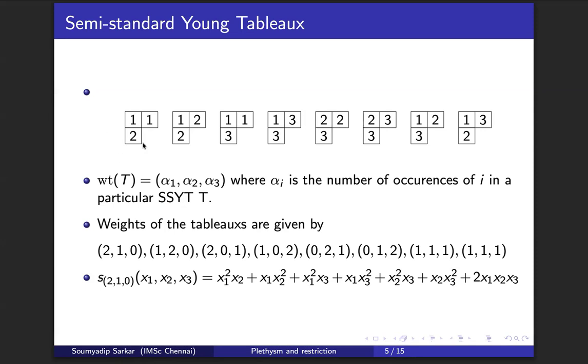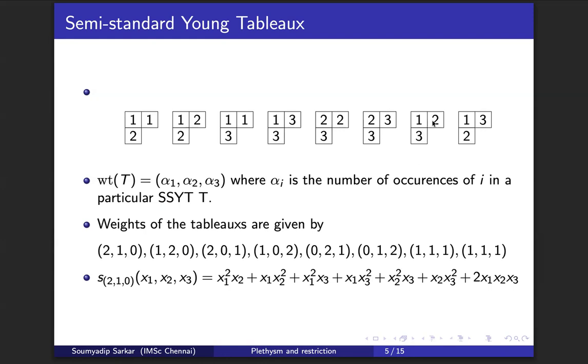Associated to these semi-standard Young tableaux, there is a statistic which is the weight of the tableau, alpha1, alpha2, alpha3. What are the alpha i? The number of occurrences of i in a particular semi-standard Young tableau. For example, the first tableau is 1 1 2. So 1 occurs 2 times, 2 occurs 1 time, and 3 does not occur. So the weight of the tableau is 2, 1, 0.